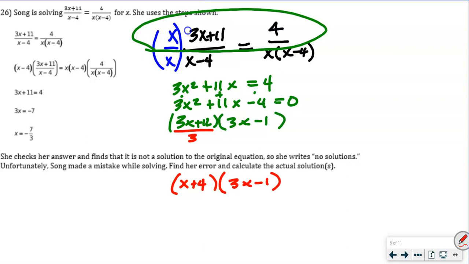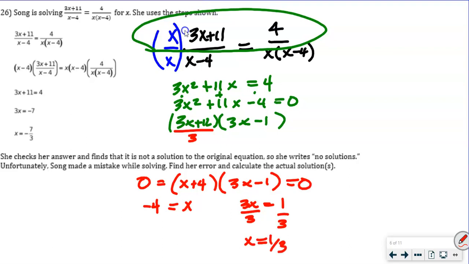So we're going to set each of those equal to 0. So x is equal to negative 4, and then we're going to go 3x equals 1, and then divide both sides by 3. So x is also equal to 1/3. So those are our two solutions. And again, if we were to set both of our denominators equal to 0 to see our excluded values, x cannot equal 0, and x cannot equal what?